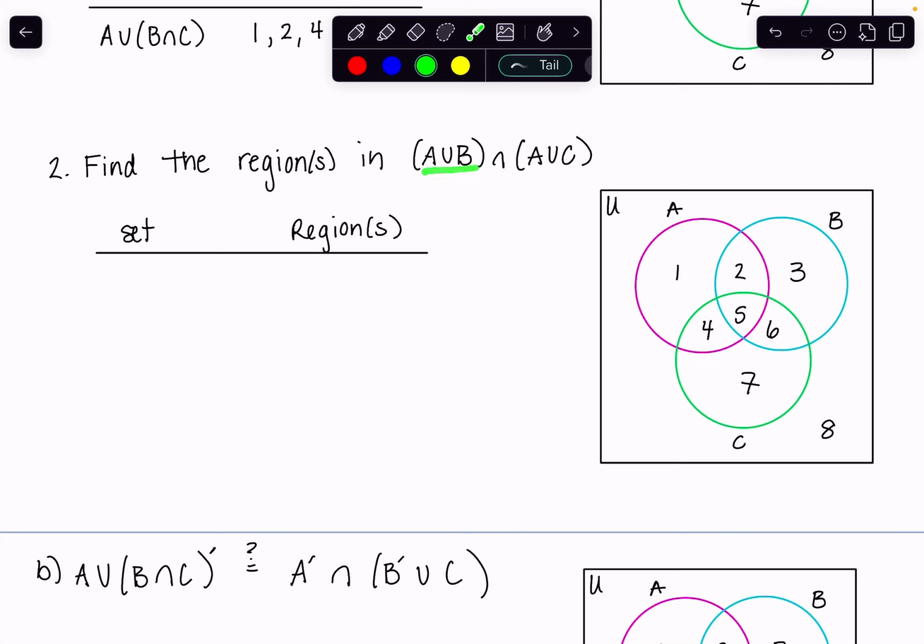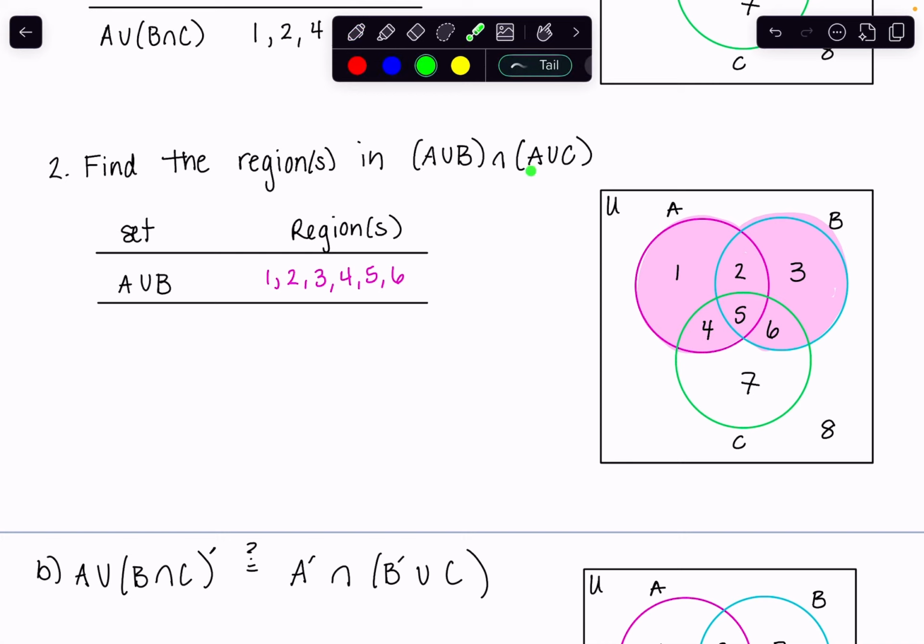So I'll start by finding A union B. So using my graph, set A is right here, and set B adds in these pieces. So my union talks about the regions 1, 2, 3, 4, 5, and 6.